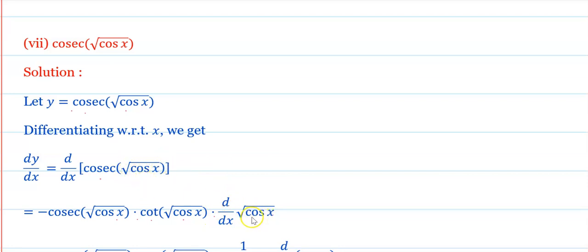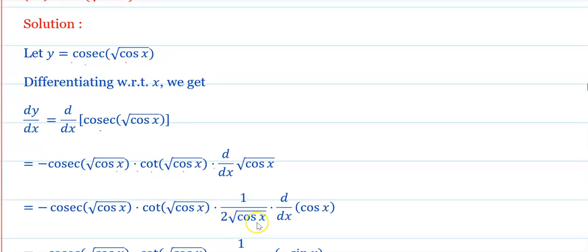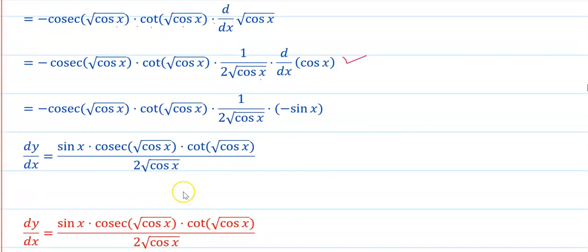Therefore its derivative is 1 upon 2 times root of cos x into d/dx of cos x, which is the minus sign. आता हा derivative of root of cos x हा कोणासारखा आहे? root x सारखा. What is the derivative of root x? Is 1 upon 2 times root x. Similarly here 1 upon 2 times root of cos x. पण नुसता इथे x आहे का? नाही, it's cos x. Therefore we will find out the derivative of this cos x, and in this way we will complete here its derivative.